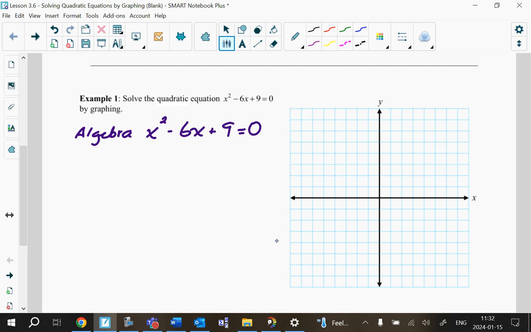But first of all, let's solve it using algebra. How do we solve this one? Can we take the positive negative square root? Is there an x term? Means we can't. Okay? If there's an x term, we either got to factor it or we got to use the quadratic formula. Factoring's quicker. Let's factor.